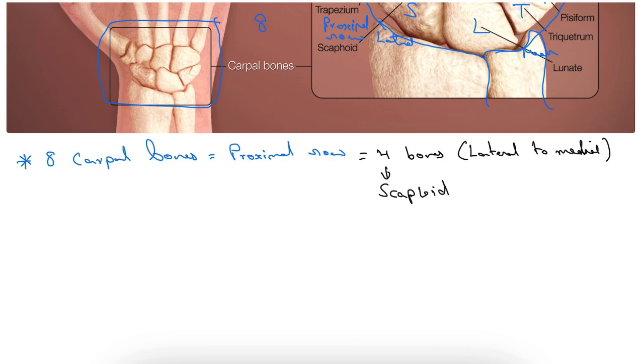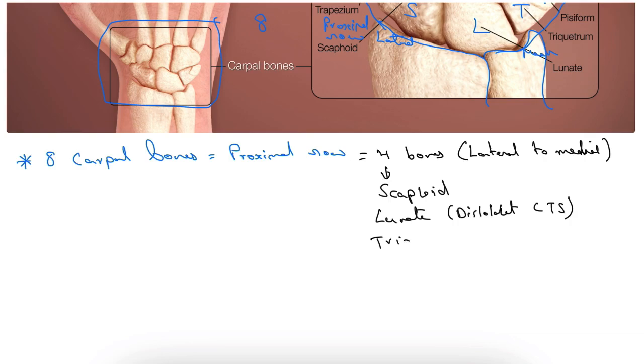The scaphoid bone is very important because this is the most commonly fractured bone. Most commonly fracture occurs in the wrist, that is scaphoid fracture, and in this fracture we have to take attention about avascular necrosis. Next one, lunate. In lunate most commonly you can see dislocation, and it can cause carpal tunnel syndrome also. So that's why it's very important.